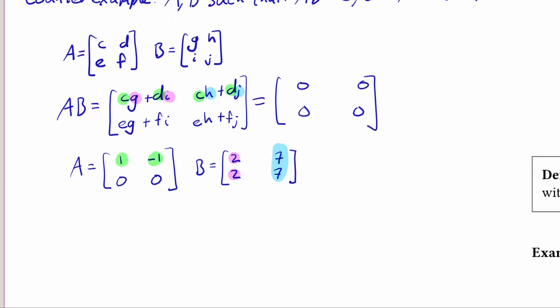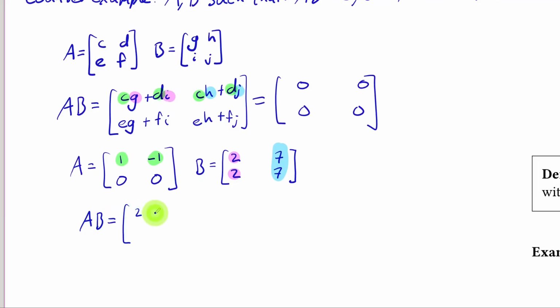So yeah, if you check this, you get AB is 2 minus 2 in the top left, 0 plus 0 in the bottom left and bottom right, and in the top right, 7 minus 7. And that is equal to the 0.